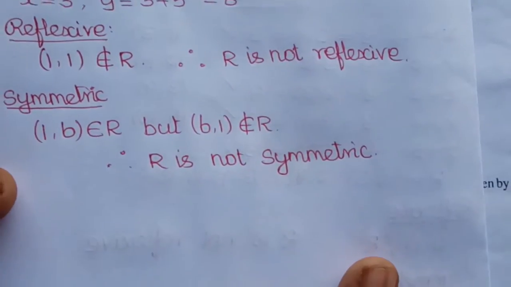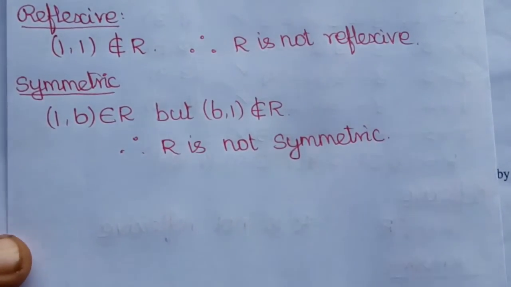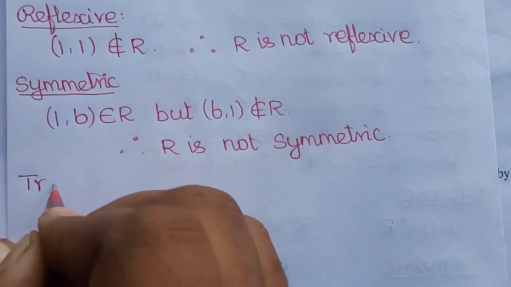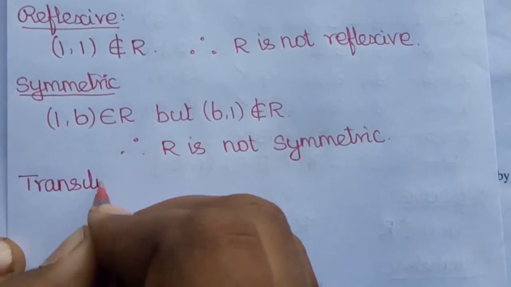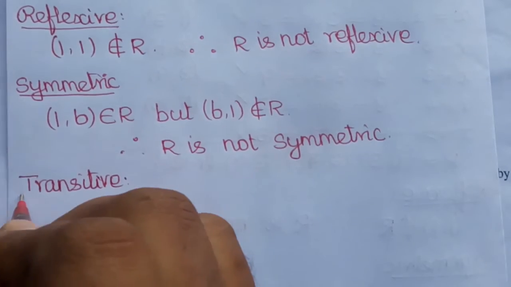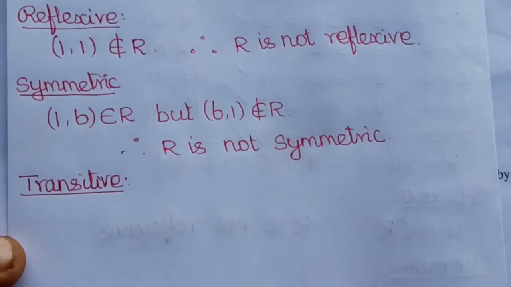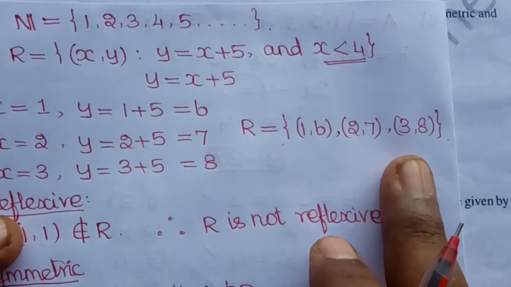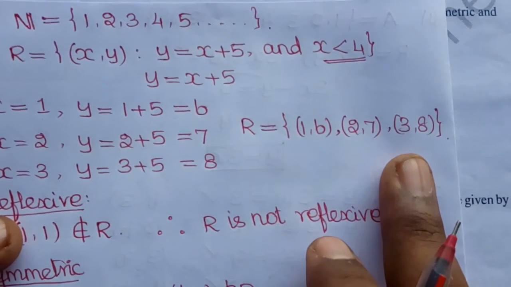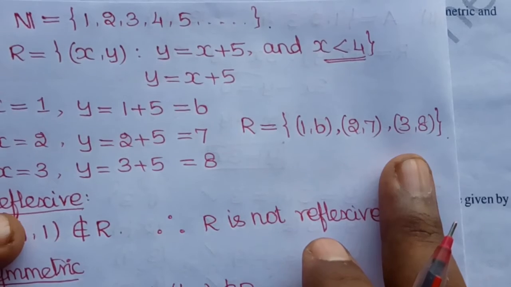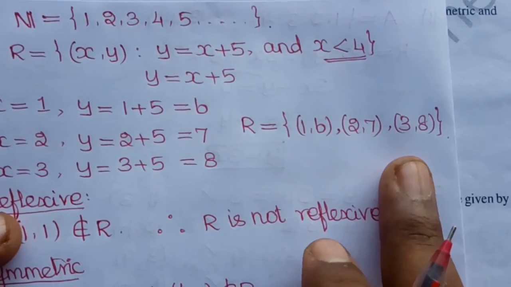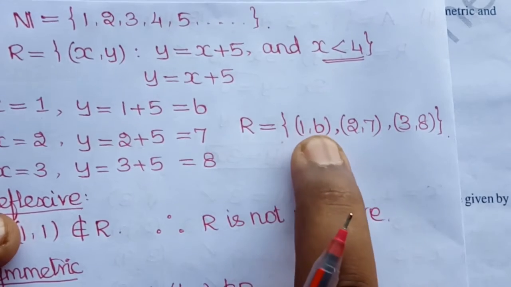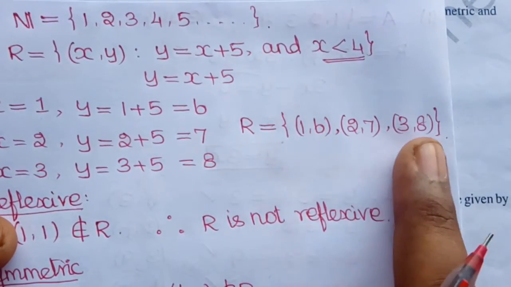The next one is the transitive condition. So now we want to check the transitive condition. For the transitive condition, we need two elements of the form (a, b), (b, c). Is there any two elements of that form? This one ends with 6, no elements start with 6.